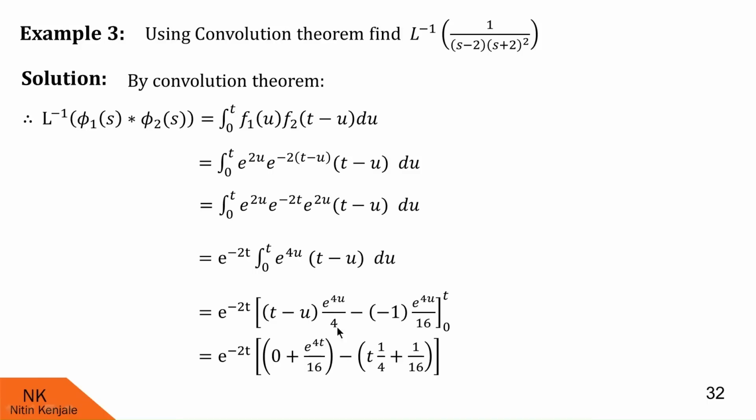We get t into e raised to 0, that is 1 by 4, minus minus plus e raised to 0, that is 1 by 16. Further, when you simplify it, you will get this answer. So this is the inverse Laplace transform of the given function, and this answer is obtained using the convolution theorem.